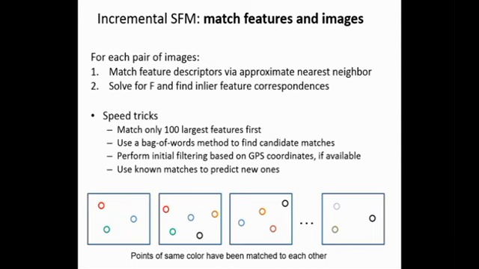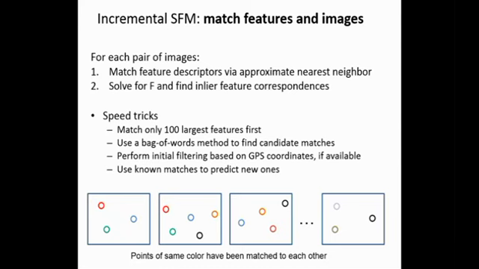So if you just match the largest 100 features in each pair of images, and then require that you have at least like 4 matches between them, then you can quickly find candidates. It only takes about 50 milliseconds to do that versus 2 seconds for full matching.